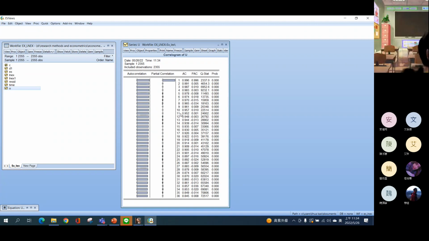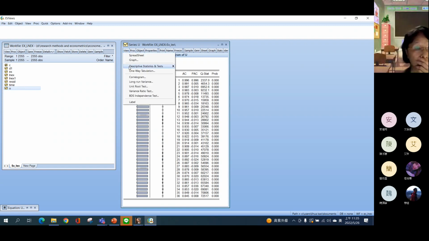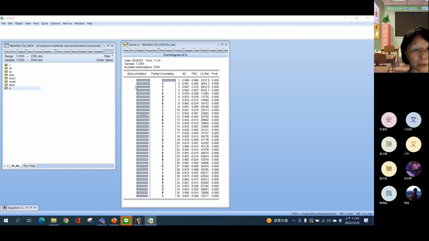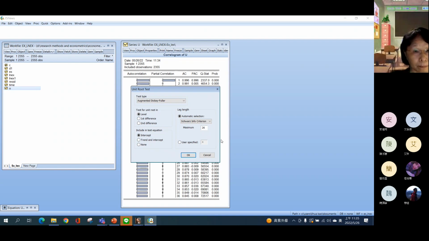It seems that it's not okay. After I remove the trend, I can also use the unit root test. I'm using this one.